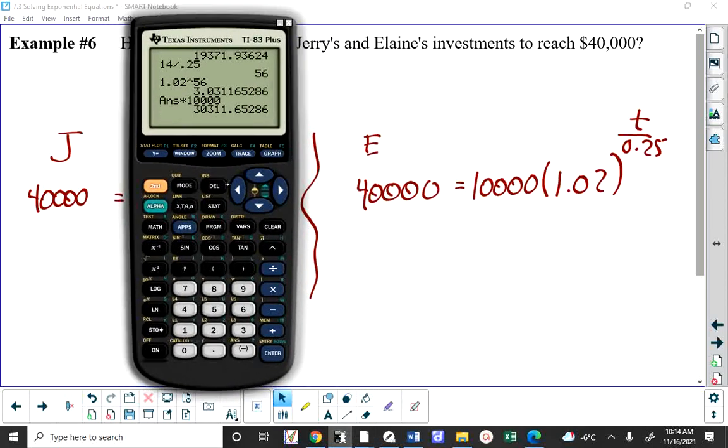I'll do Elaine's first. I'm going to enter y equals 40,000 and y equals 10,000 multiplied by 1.02 raised to, in brackets, x divided by 0.25, closing all of my brackets.